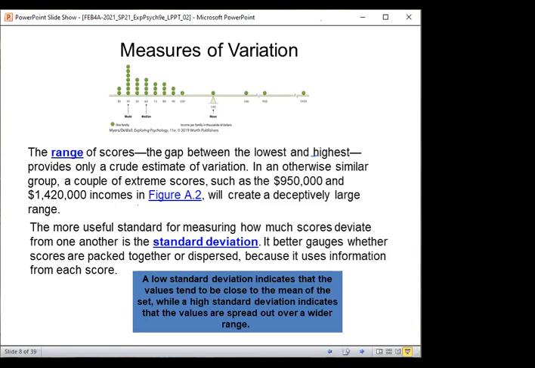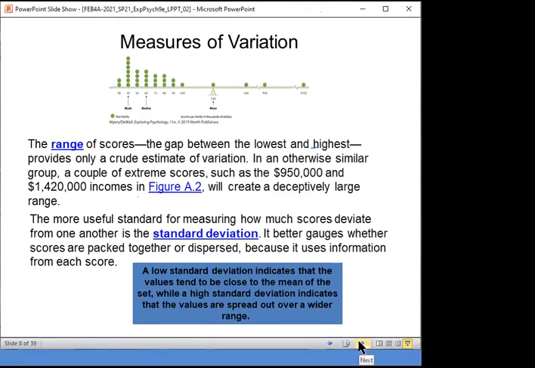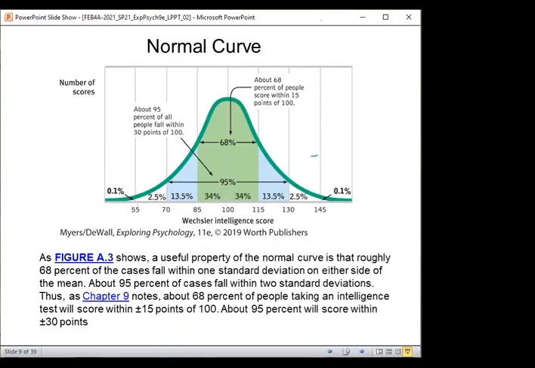Now, one thing which is also a great benefit to us is understanding the normal curve. And again, some of you may have heard of this, some of you may not have heard of this yet, but this is what the normal curve is. Basically, many things that exist in this world naturally fall on this bell curve, this normal curve, meaning that some people will be outliers on the low end, some people will be outliers on the high end, most people will fit in the middle.